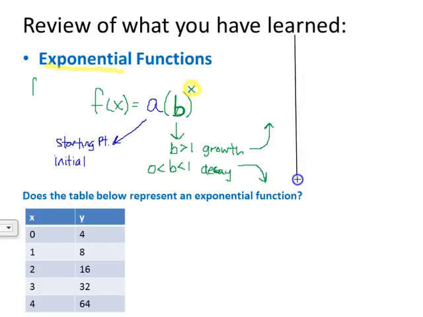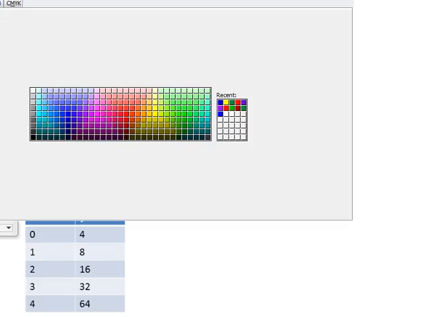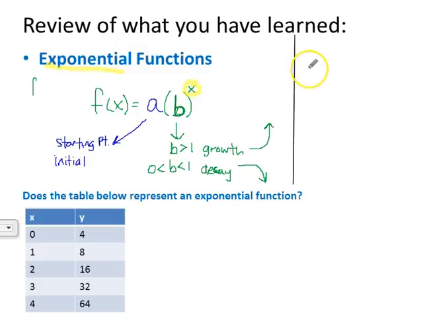I'm going to draw a line in here and do an equation for us to practice with. If we have an exponential function such as 2 times 0.5 to the x, who can tell me what 2 represents? What does that number 2 represent? Well, it represents our starting point, that we start with 2. That's our starting point.